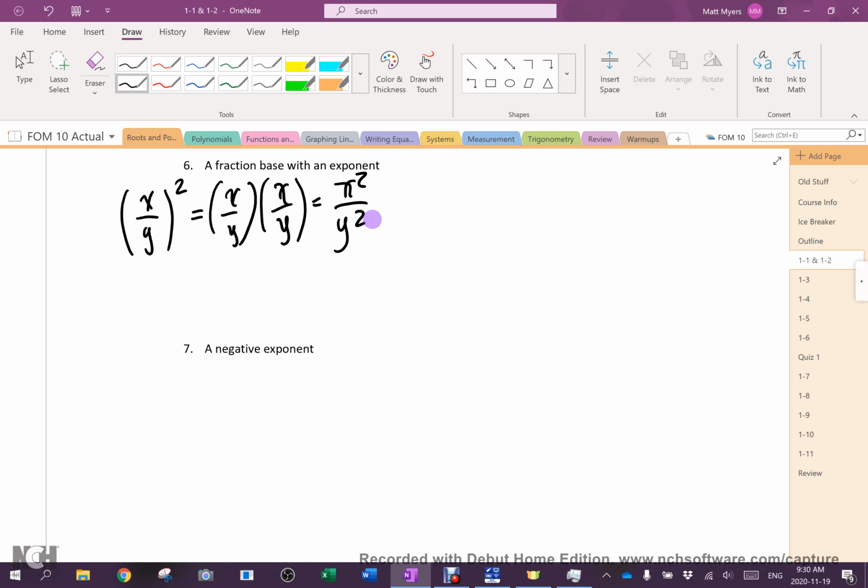Do all the other rules still apply? Yes or no? Yes. So what if I gave you this? 2x cubed y squared over xy squared. Does that talk about all 6 laws right now? Are they all in there? Is there some dividing?